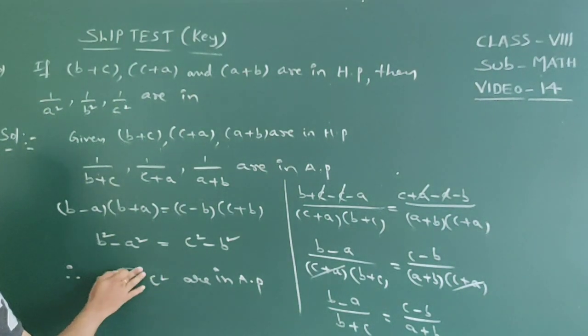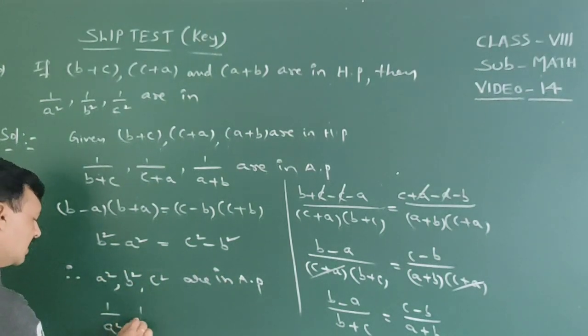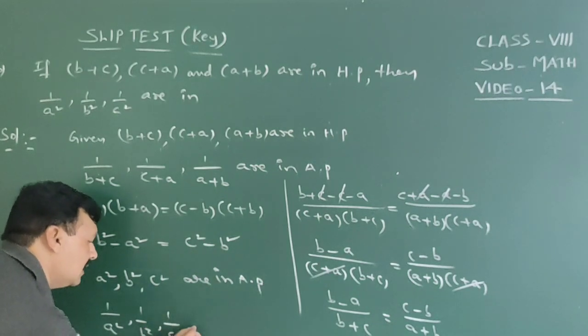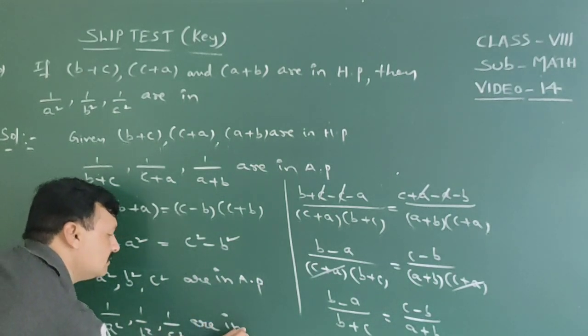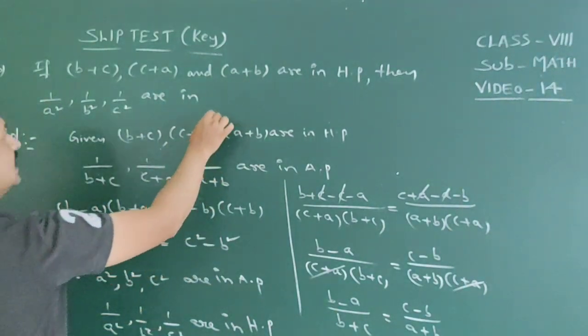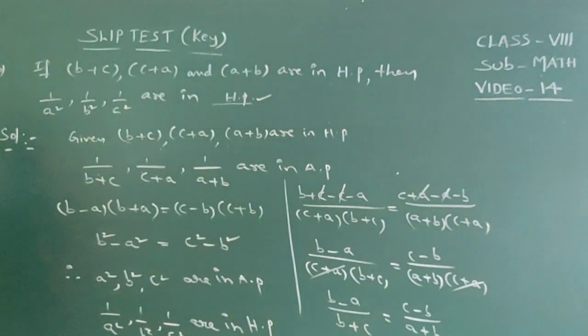If a square, b square, c square are in AP, automatically 1 by a square, 1 by b square, 1 by c square are in HP. So they are in HP. If b plus c, c plus a and a plus b are in HP, then 1 by a square, 1 by b square, 1 by c square are also in HP.